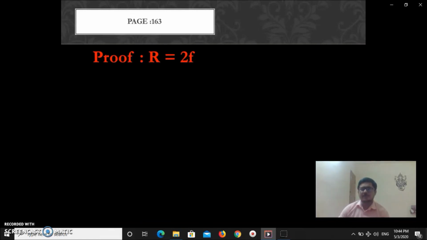Many cadets ask this doubt: sir, prove this formula R equals 2f. Let's try to understand. R we know is the radius of curvature, f is the focal length. I have taken a concave mirror. So that is the pole of the concave mirror. And now I am completing the circle, in imagination, to find the center.